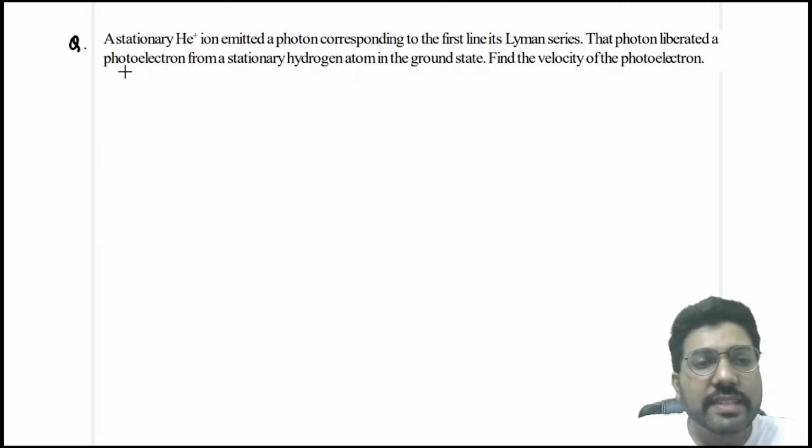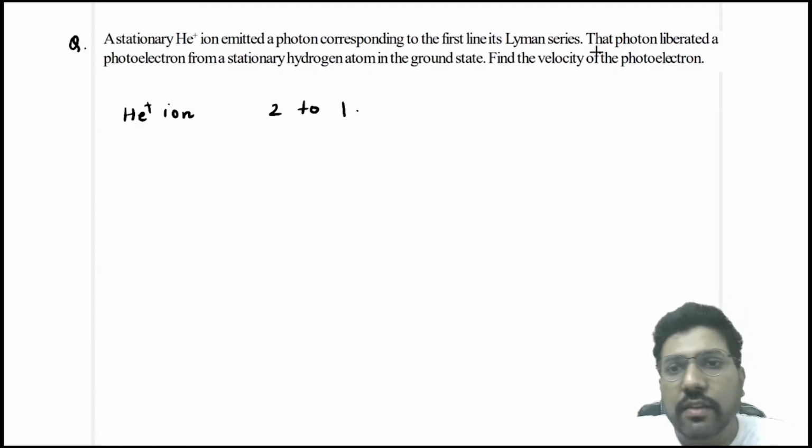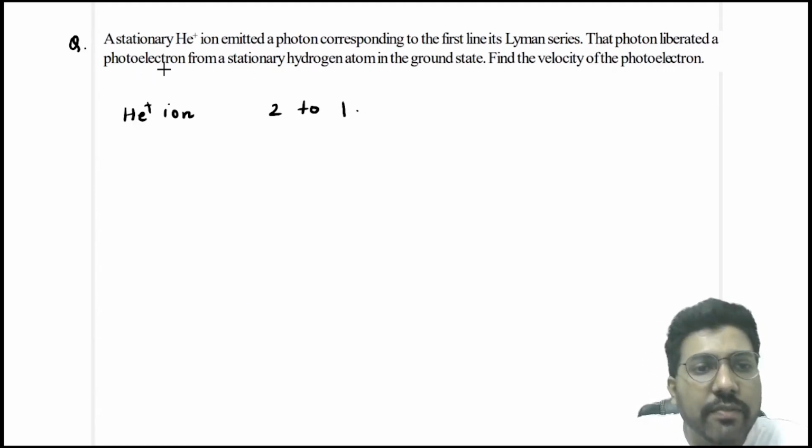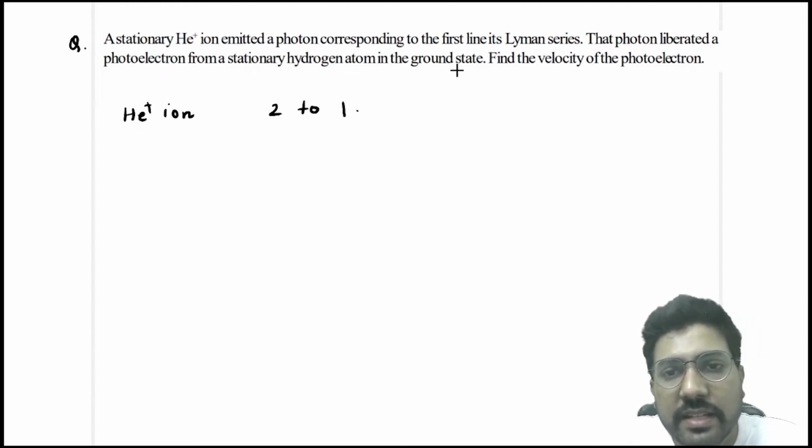So what they're saying is, there is a stationary He plus ion. It emitted a photon corresponding to the first line in Lyman series. That means it de-excited from 2 to 1.